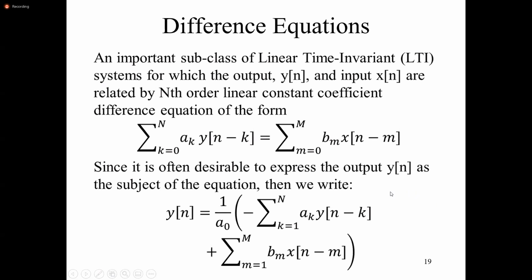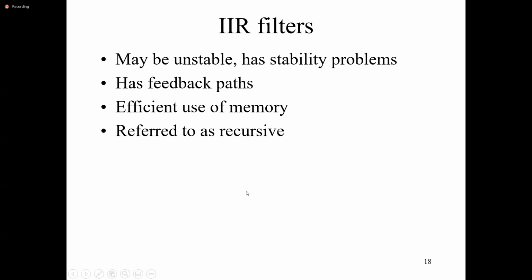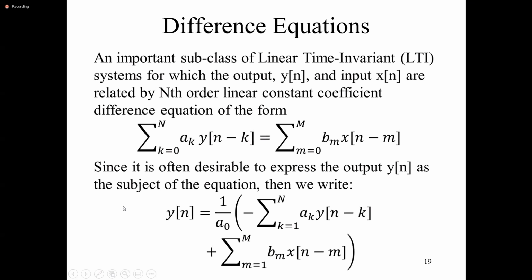However, really most of the time it's desirable just to express the output as a subject, the output on its own, because expressing it in this form here doesn't give you a good picture of what y consists of. So it is very often desirable to express it in terms of y.